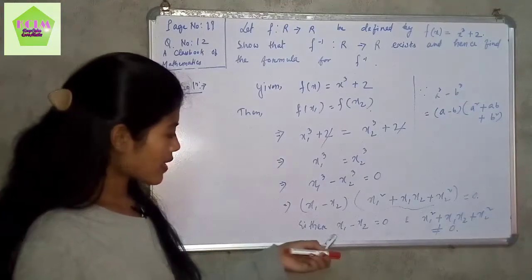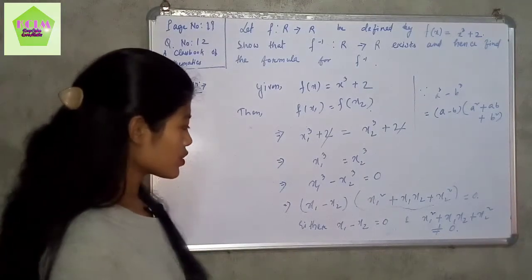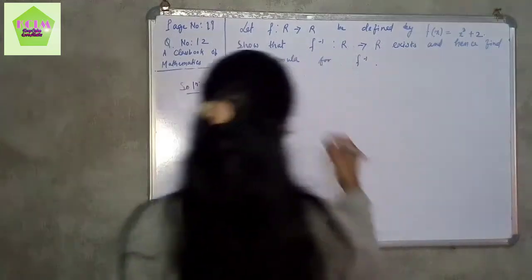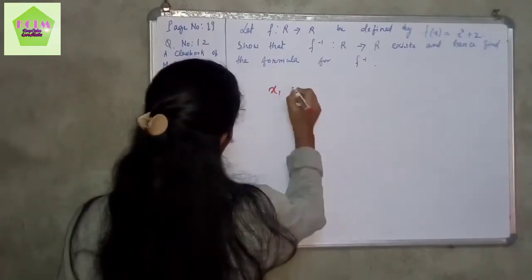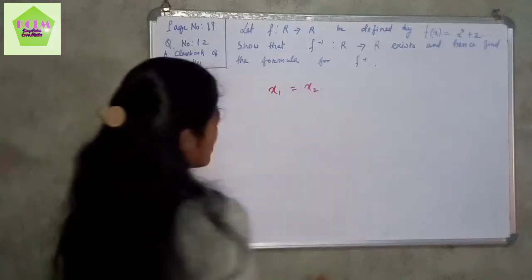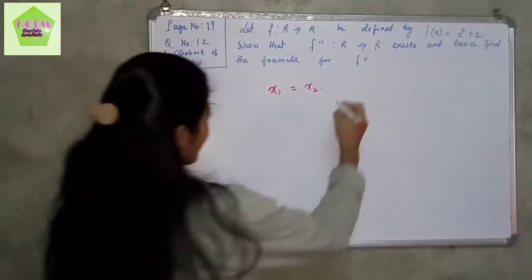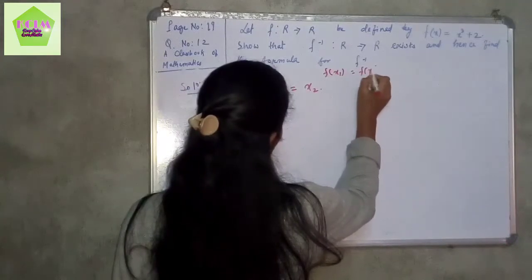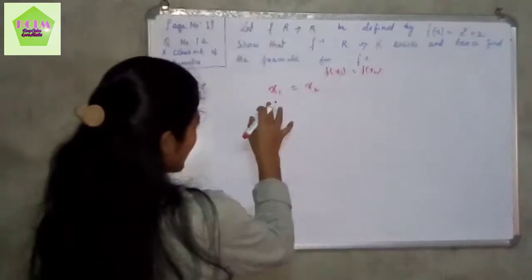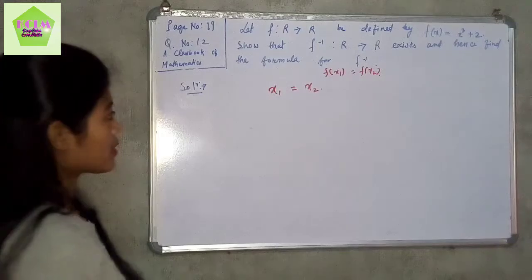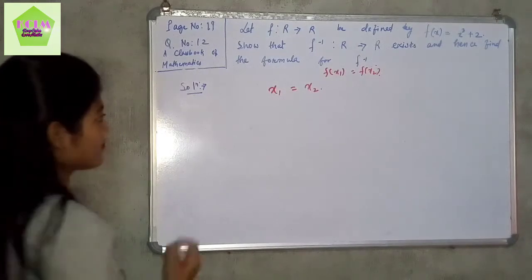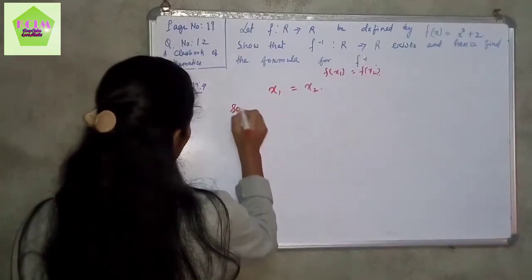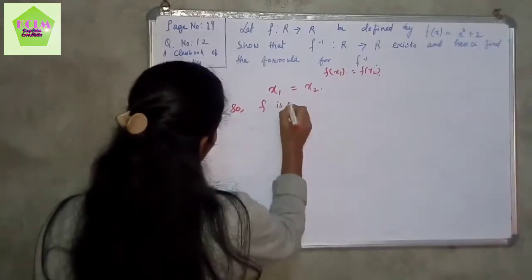Now since x1 minus x2 equals 0, therefore we can write x1 equals x2. Whenever we take f of x1 equals f of x2 and we find that x1 equals x2, then this function is one-one. So f is one-one.